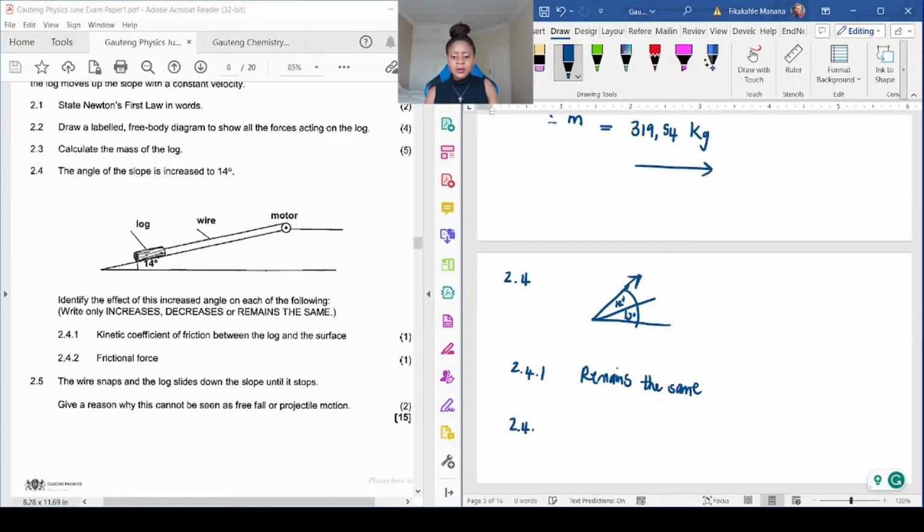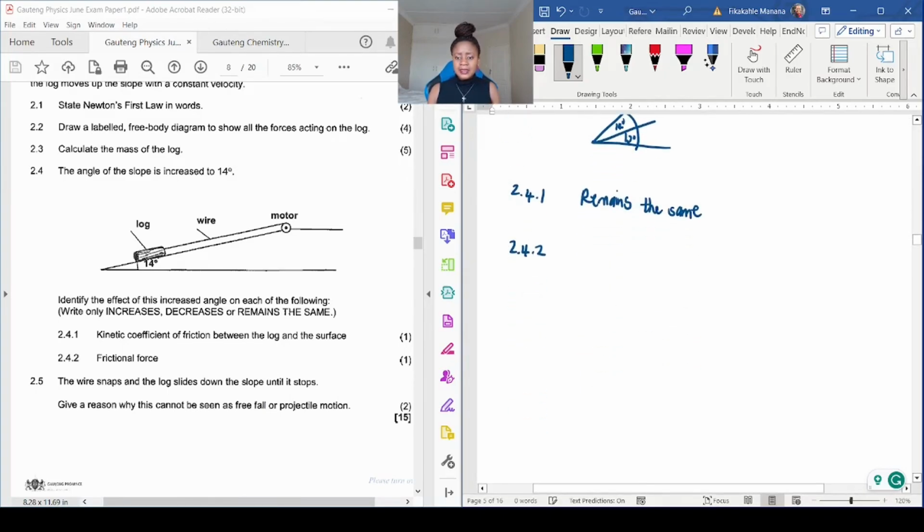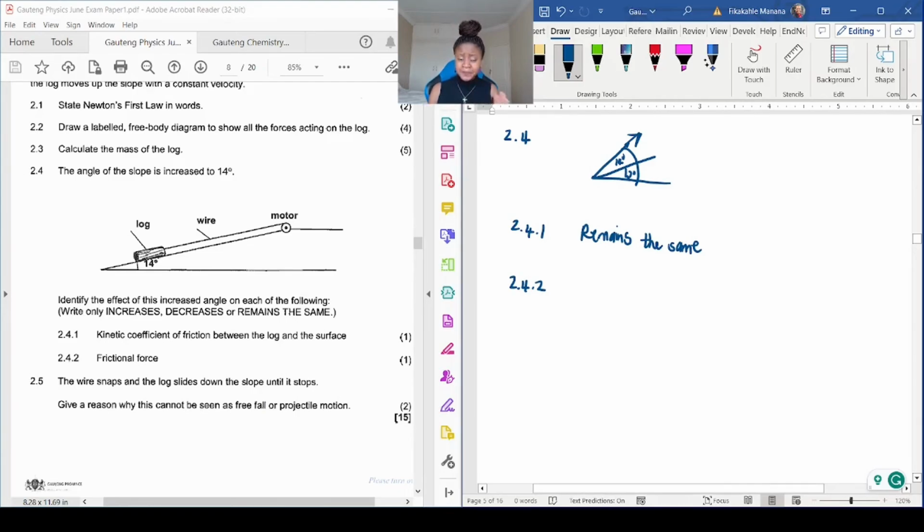Now when it comes to 2.4.2, let's see what would happen to the frictional force. Okay, remember this thing is steeper, and we are pulling it up.